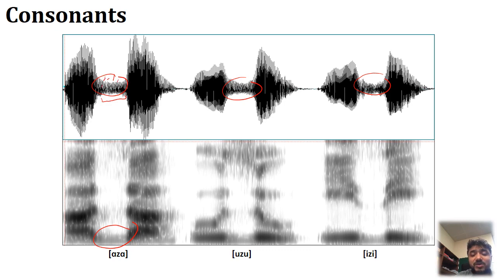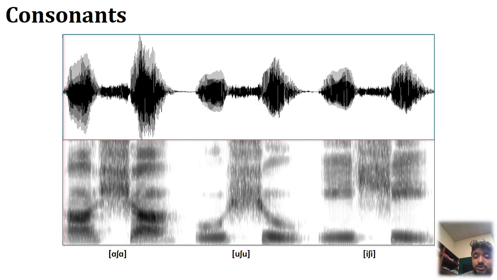When you don't have periodicity, you see a whole black mess. So that's an indicator of whether it's just pure noise or some periodic waveform. But you have voiced high frequency noise, which is z, the same place as sa, but za, aza, uzu, izi.